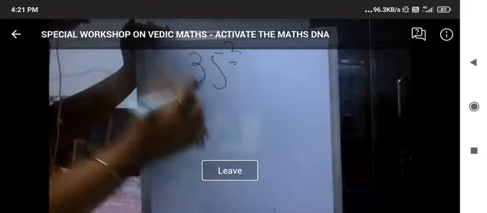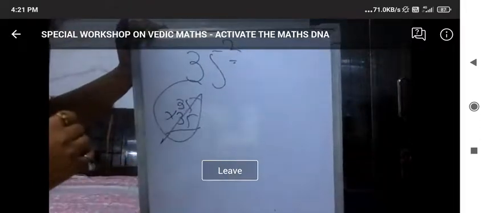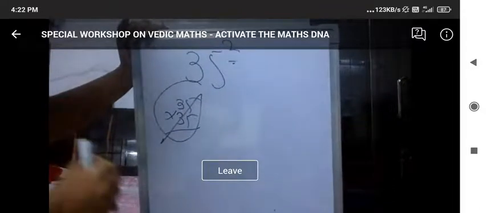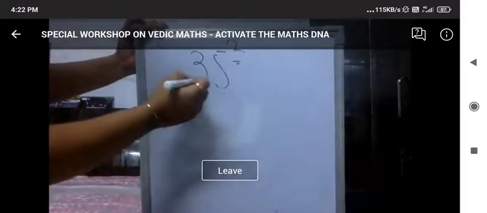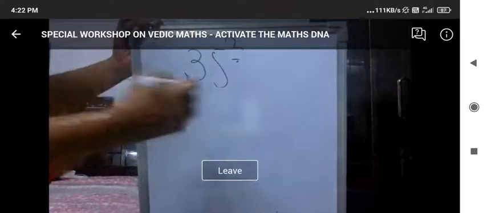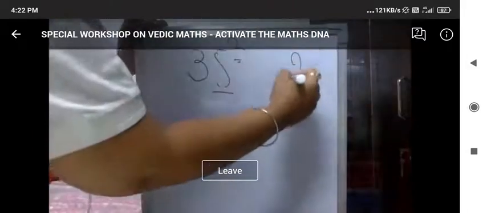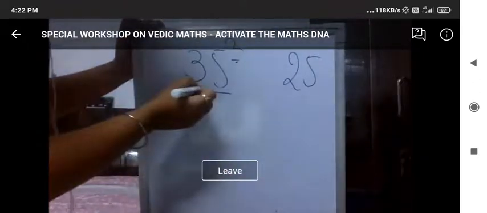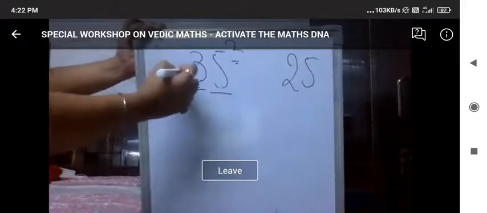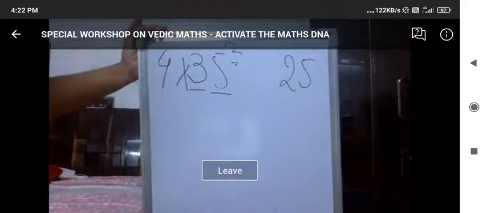Try answering. But not by multiplication. No, we'll not use this trick. We'll just go quickly with the help of Vedic mathematics and can get the answer. Let's see how. 35 square. At unit place, the value is 5. And square of 5, we know very well, is 25. Initial digit 3. See properly. You have to multiply your initial digit with its successor, that is 4.